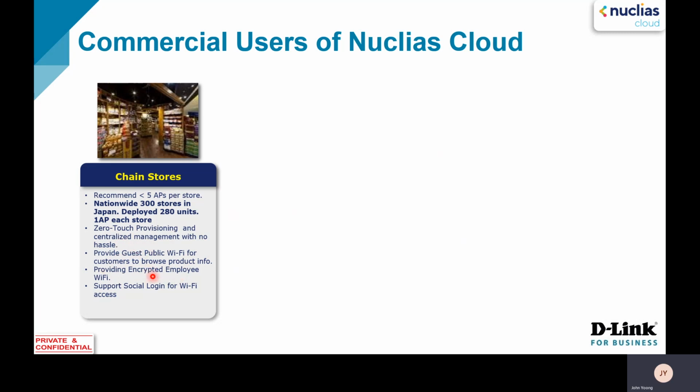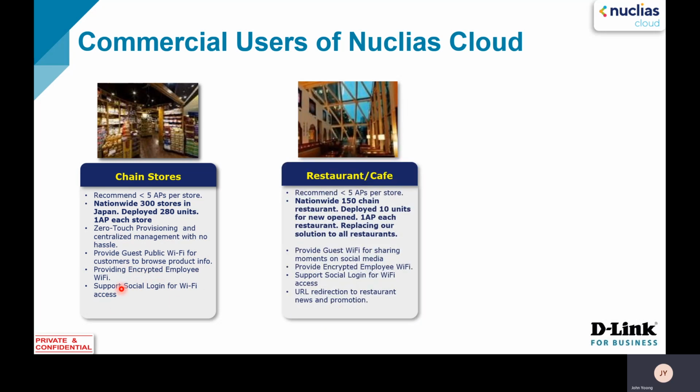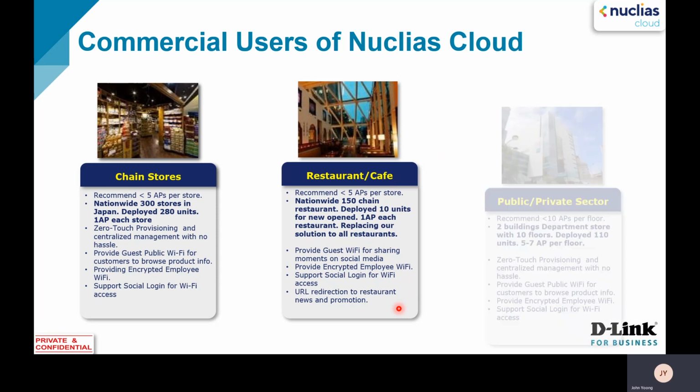Then we have WPA2 and WPA3 for the employees, then social login for the guests. Then restaurants, same thing, nationwide 150 chain stores, deploying 10 units on the new opening. As you can see, all is the same. Guests also use social login. Then the employees use encryption, WPA, WPA2, or even WPA3.